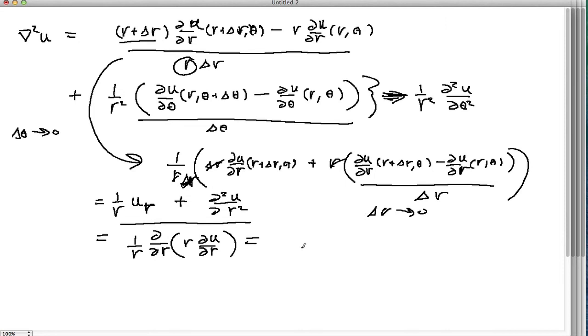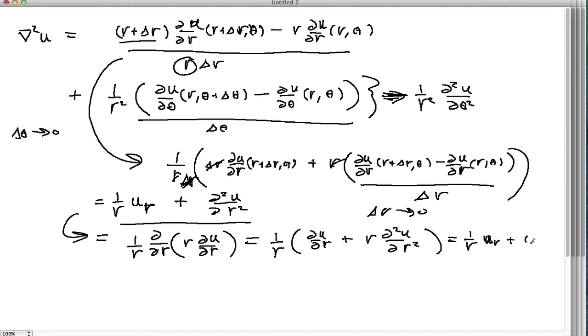And we can see that this actually equals the top by reversing the steps, by doing the product rule here. Like so. Okay, so there you go.